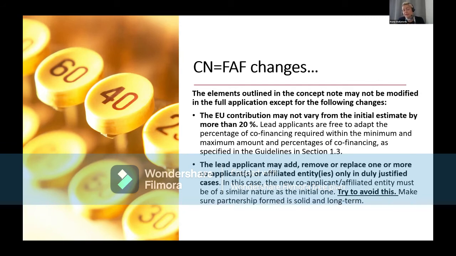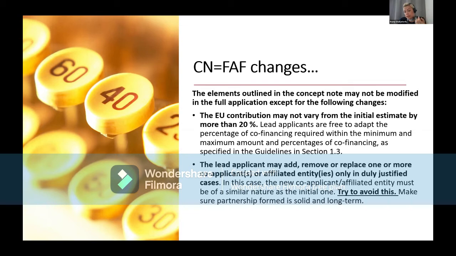But in this case, the new co-applicant or affiliated entity must be of a similar nature as the initial one. So it will be better to avoid this and to make sure that your partnership is formed in a solid and long term way, not to have such changes.